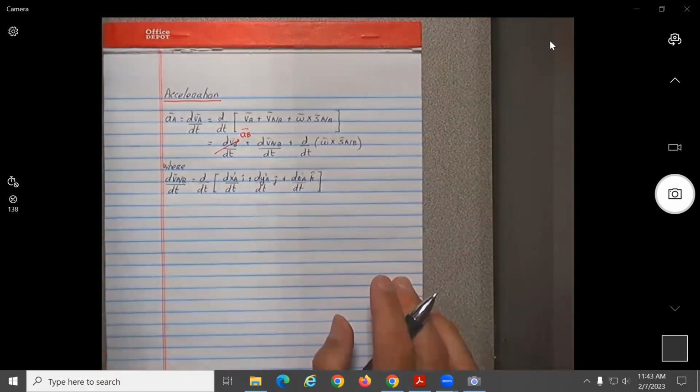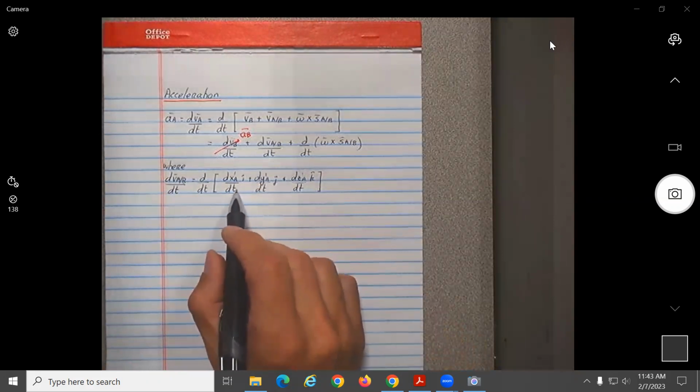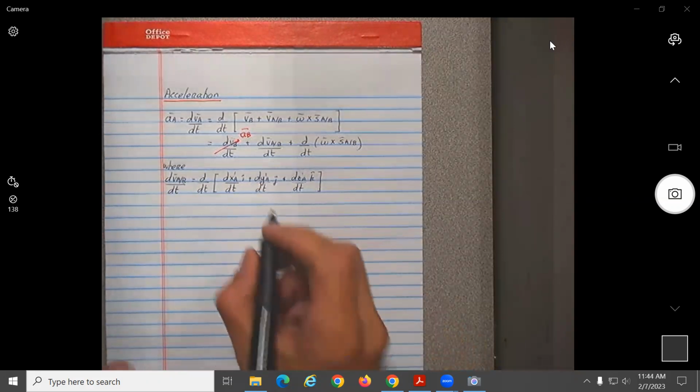We're just doing this term now, okay? Here we need to do as before. When you take the derivative, it will be the composite one.